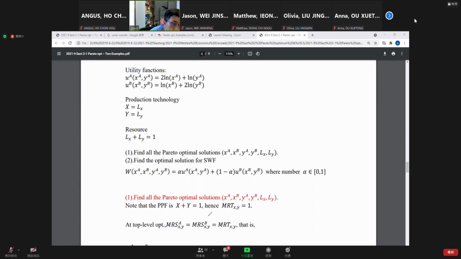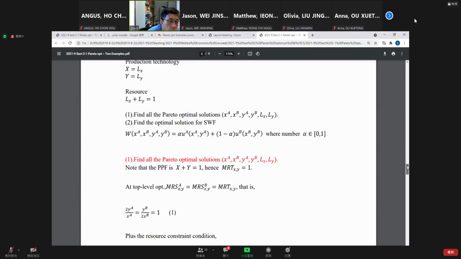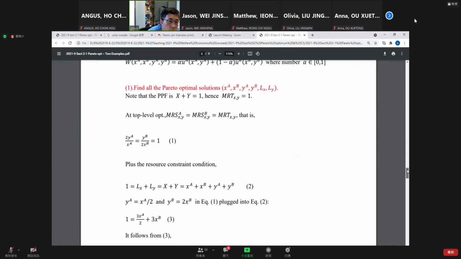Okay, now let's look at what's the good solution for the top level. So again, at the top level, what condition can we make use of? We are making use of this condition.